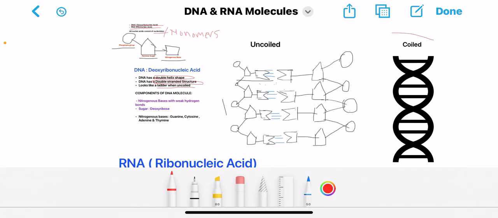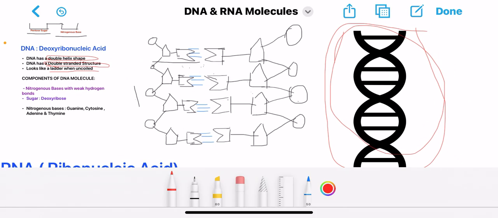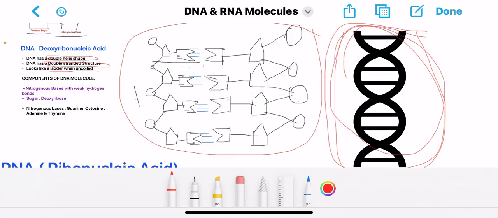When it is coiled, it looks like this DNA structure, which we are all familiar with. When they are speaking about DNA, we expect something like this. This is the double helix shape of the DNA. However, this one is the structure.